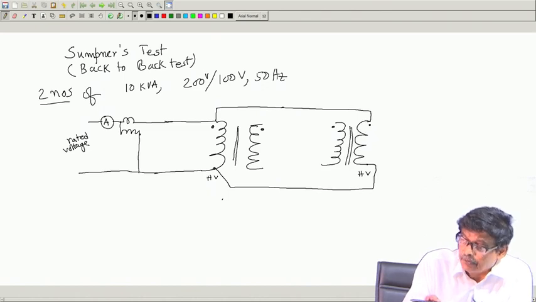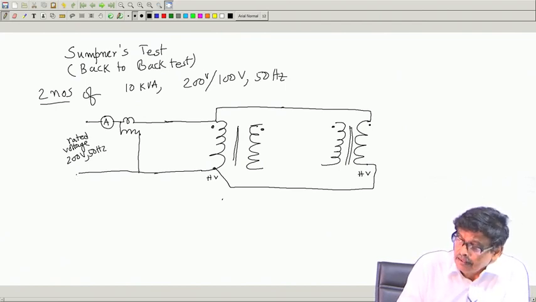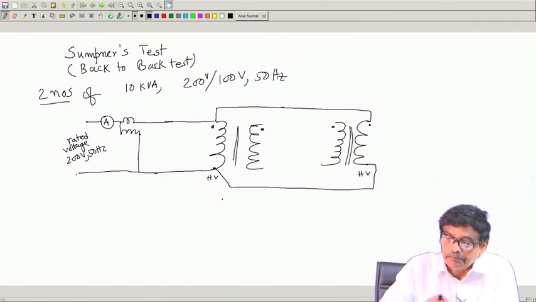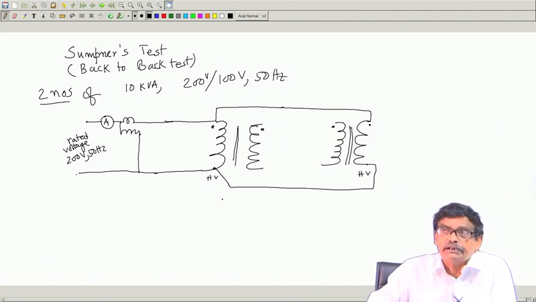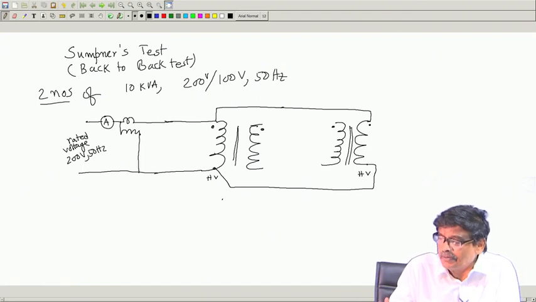That is, in this case for this transformer I will apply 200 volt, 50 hertz. That is what I will do. Suppose I have not done anything to the secondary, they are open. What do you think this ammeter will read and this wattmeter will read?